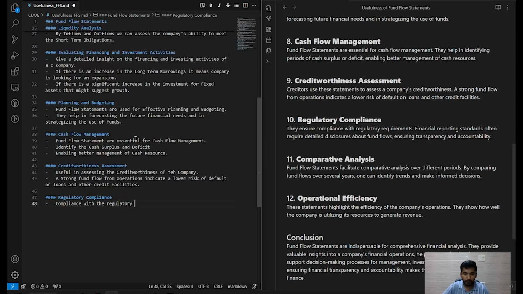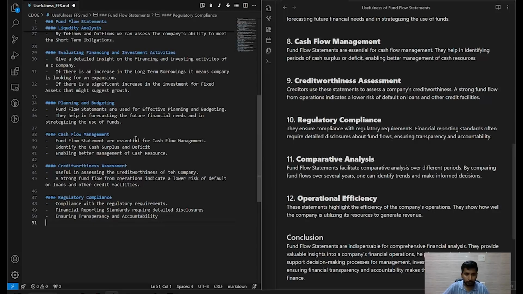Financial reporting standards often require detailed disclosure about fund flows, ensuring transparency and accountability.